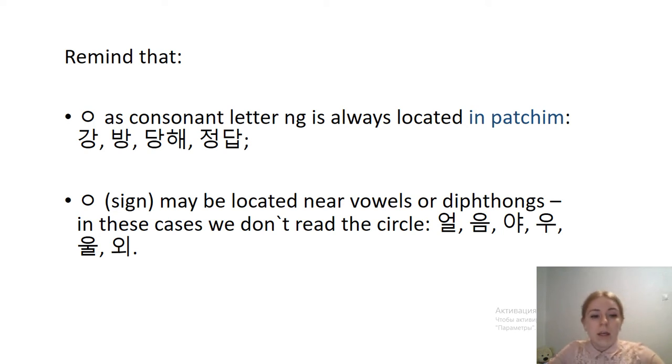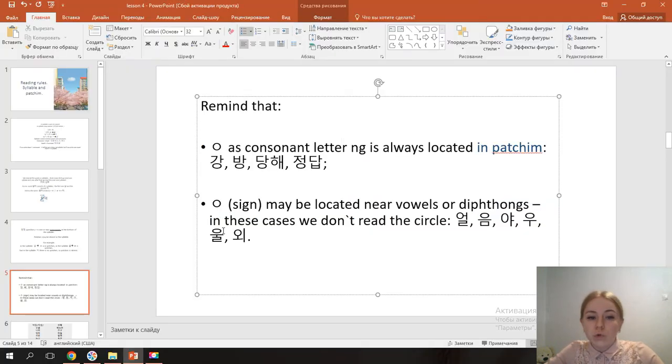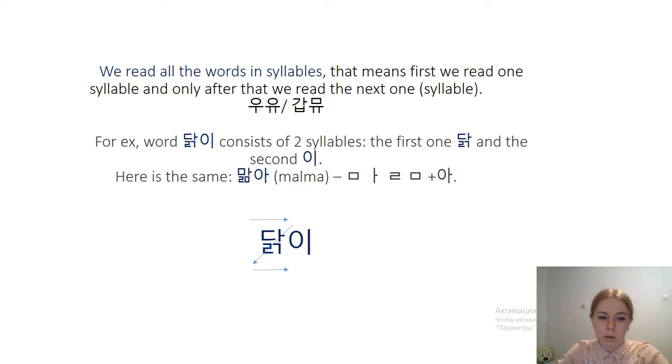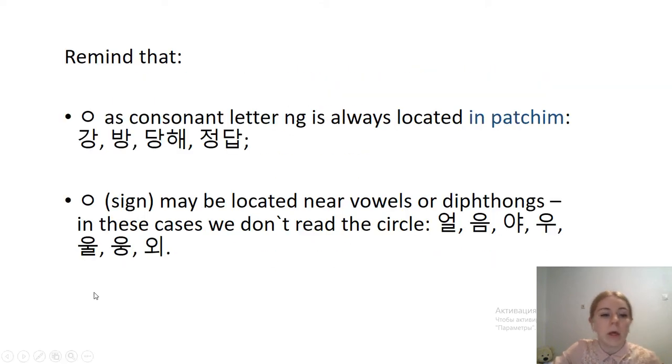But if you write, for example, not ul, like here, but in this case, this circle is just a sign. Here, this circle is just a sign. Here we have U vowel, and on the bottom we have sound.